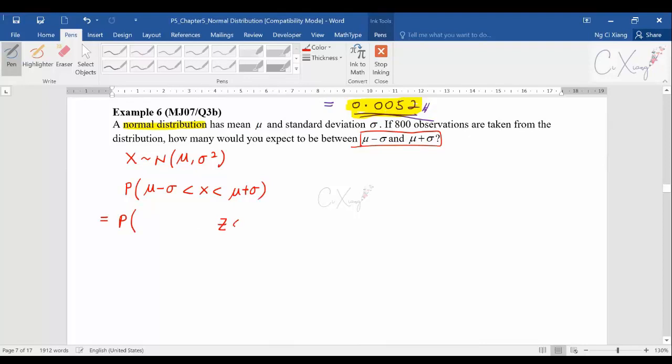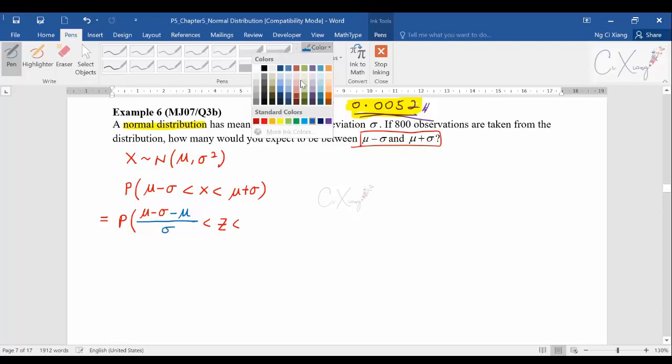I want to change it to z. How can I change it to z? This is the original value for x. To standardize it, you need to minus the mean, divided by the standard deviation. The same thing happens for this.